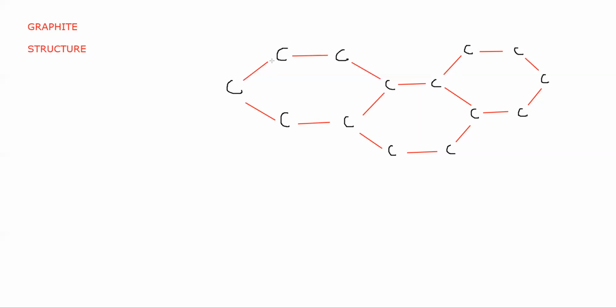Then it is also a layer structure. What is a layer structure? This is one layer of graphite, then there is another layer of graphite. Same way, 1, 2, 3, 4, 5, 6.